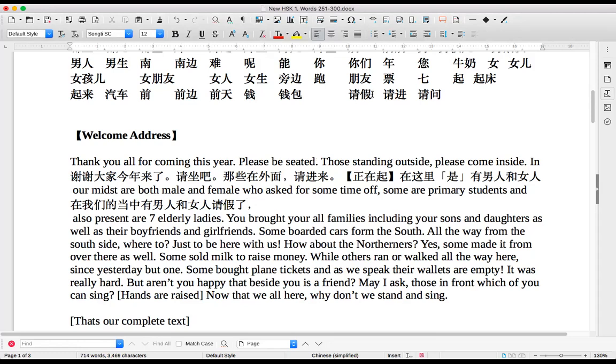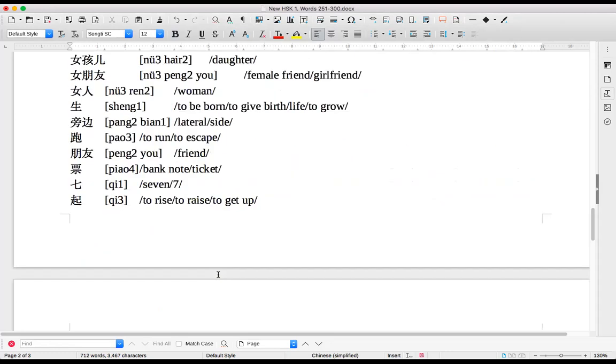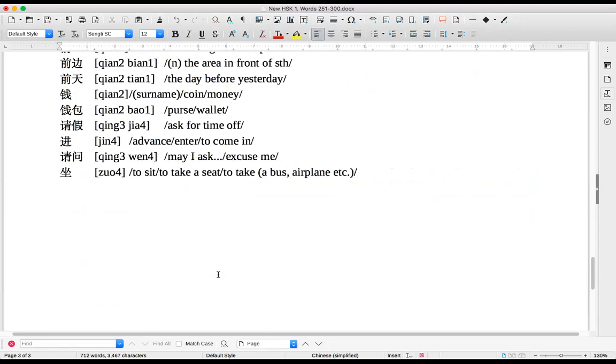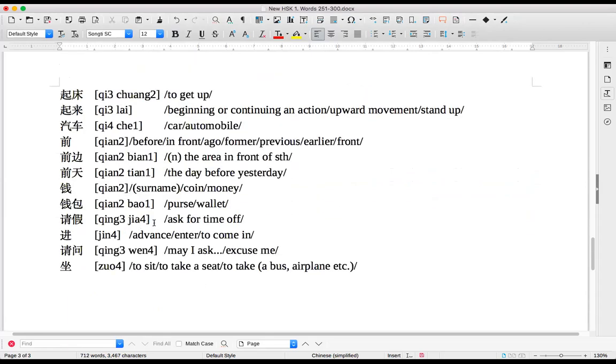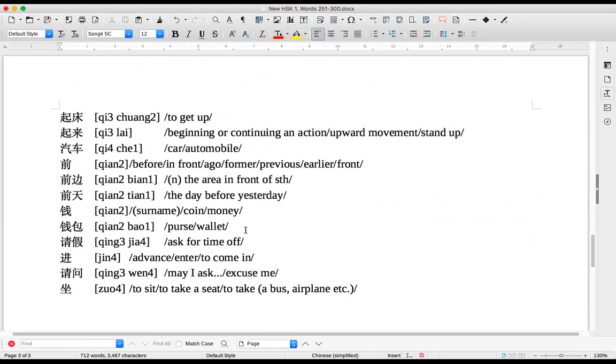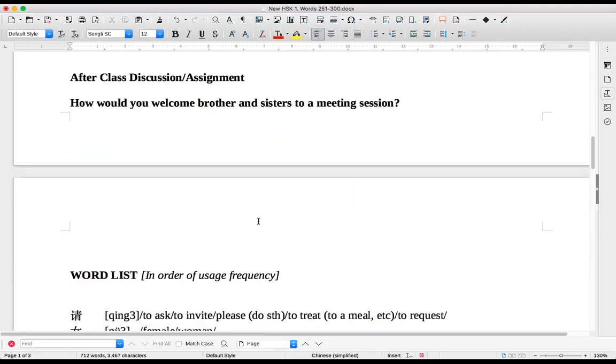For some time off, I put, well, I think I just, yeah, I didn't put time off. That's fine as long as you put 请假, it means they asked for time. 请假. Right. Okay. Yeah, because like you said, I don't need to put the ta anymore, right? Like for they, because I know they're talking about them.